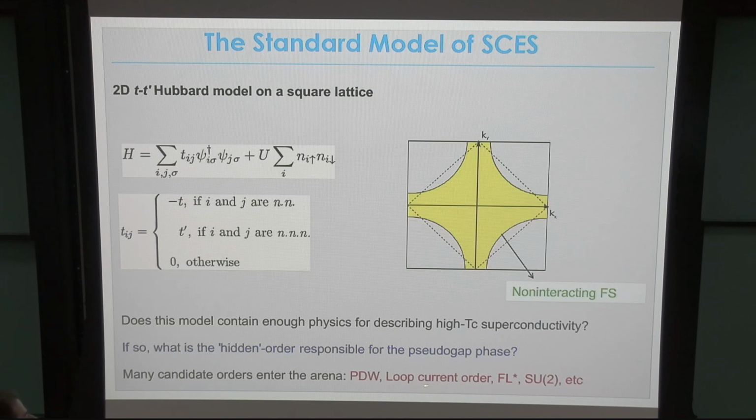There's also the loop current phase, which I also mention briefly in this talk. There's also this fractionalized Fermi liquid proposal where topological properties enter in the description of the system. And there is, of course, this so-called SU(2) pseudospin symmetry that I'm going to talk about now.